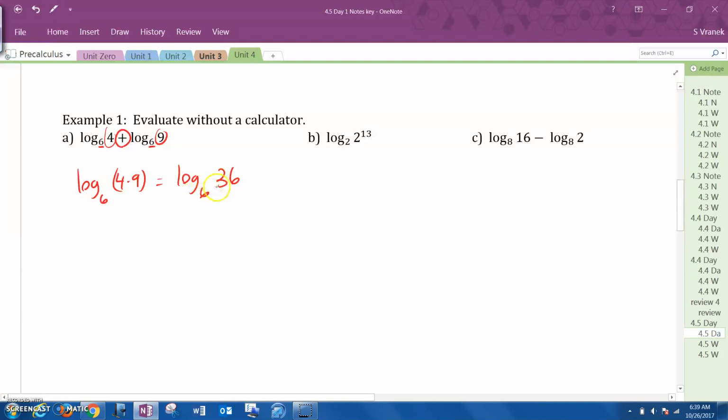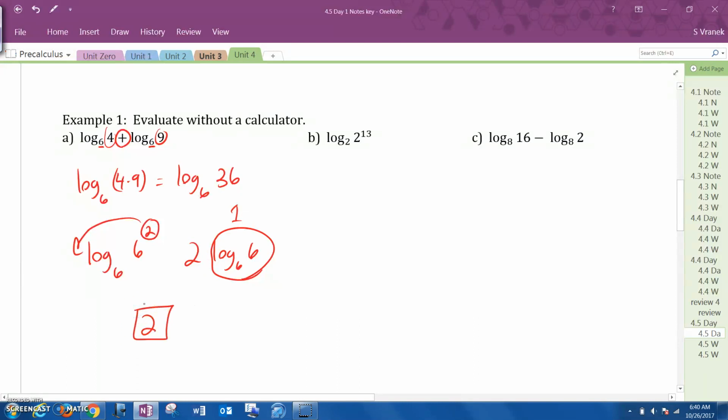Now, at this stage, you can do a couple things. Again, you can just note, well, what exponent gets me from 6 to 36? And it's 2. The other thing you can do is rewrite 36 so it matches, and then bring this down. So we get 2 log base 6 of 6, and you should remember that when you have log base 6 of itself, the power that gets you there is 1. So this is 1. So the final answer is 2, basically, either way you look at it.